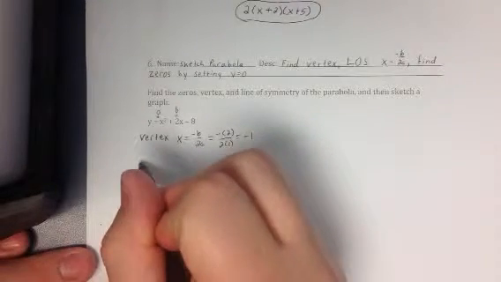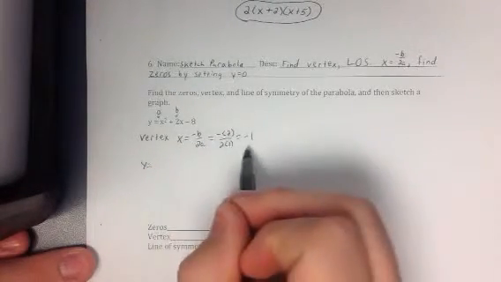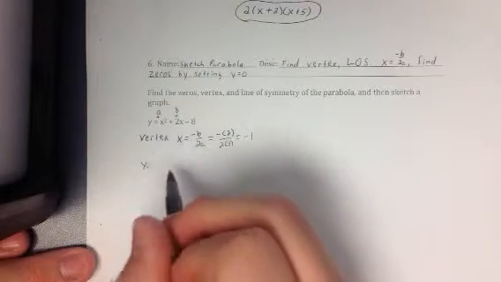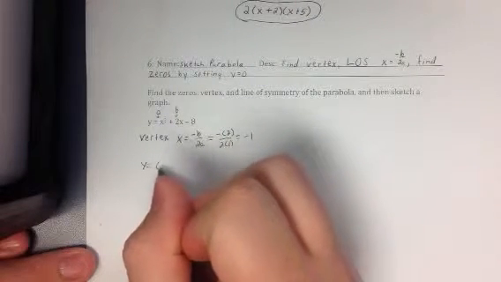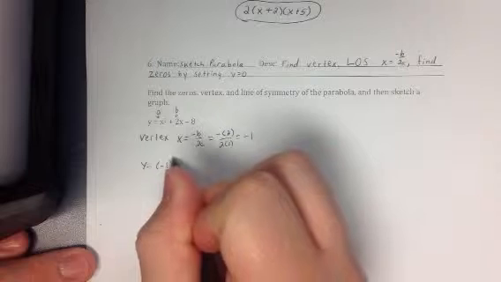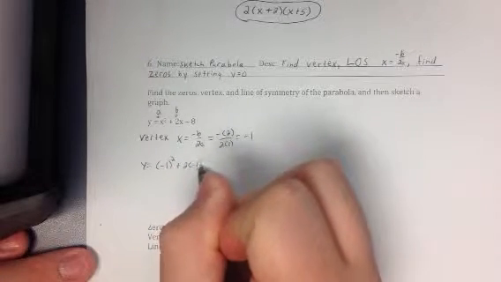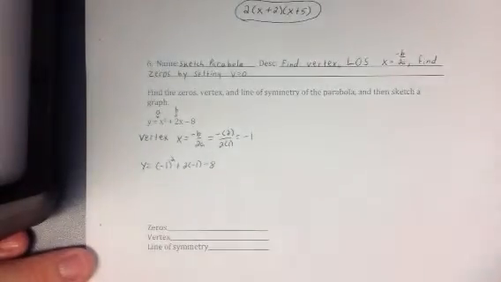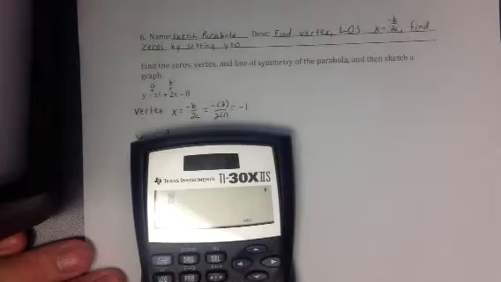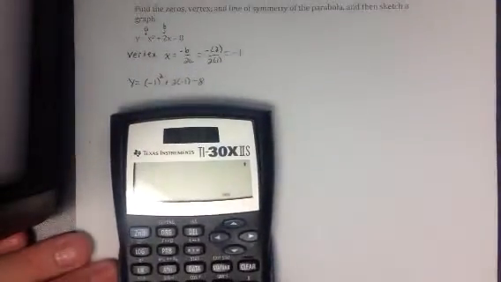The y value I get by putting in negative 1 for x in the equation. So I'd have y equals parentheses negative 1 squared plus 2 times negative 1 minus 8. And that part you can just put in your calculator in one step if you just plug it in exactly like it's shown.